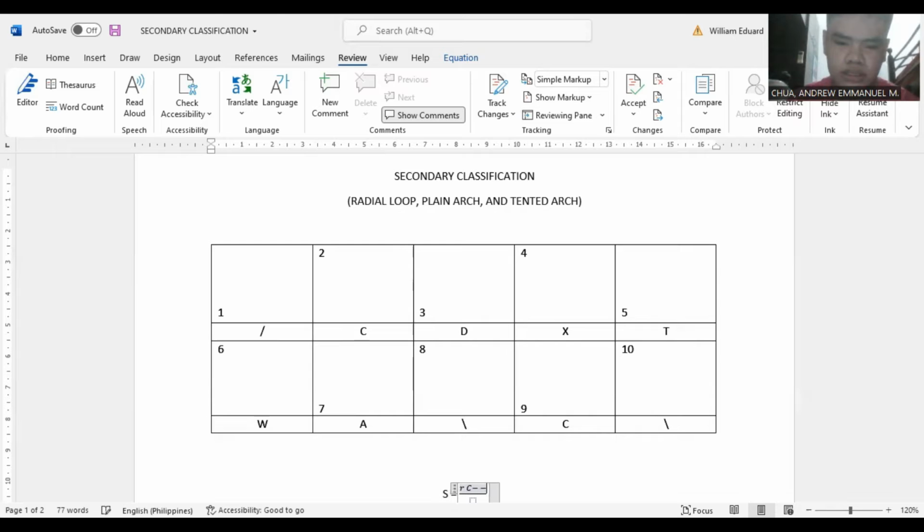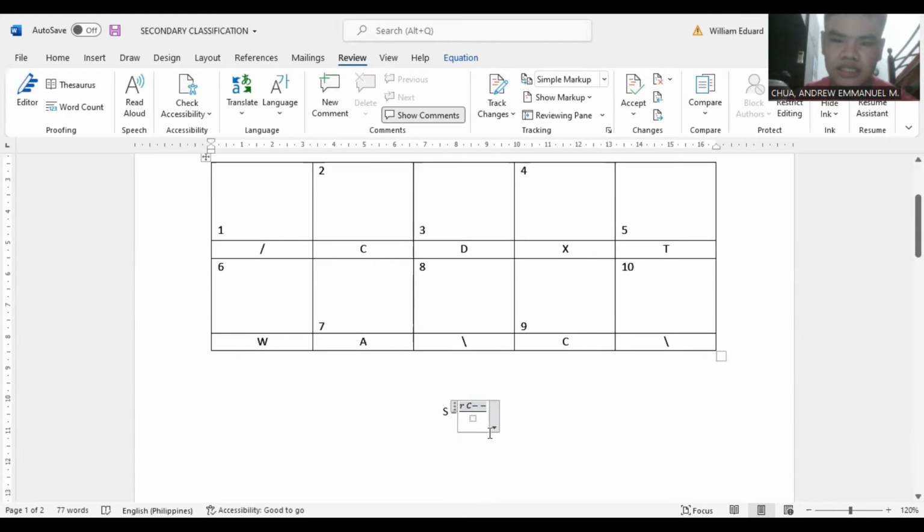Therefore, we'll put a dash, and then lastly, the pinky finger, the last finger. We'll put a tented arc, letter t, small letter, because it is not on the index, but only on the small finger, the last finger, pinky finger rather.